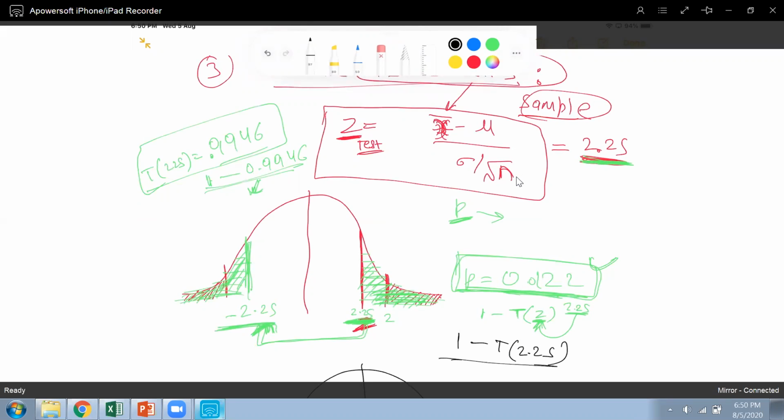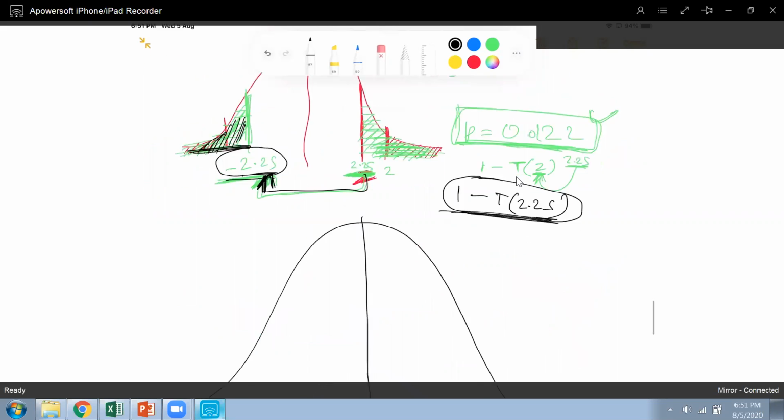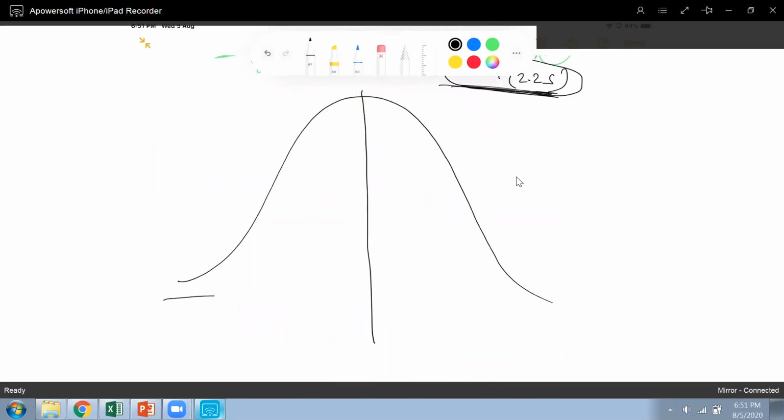But I was telling you that instead of subtracting from one, you can directly find the value of the negative of that. If you find the value for the negative, then directly you will get the value. Let me try to explain. From the z table you will find this area.